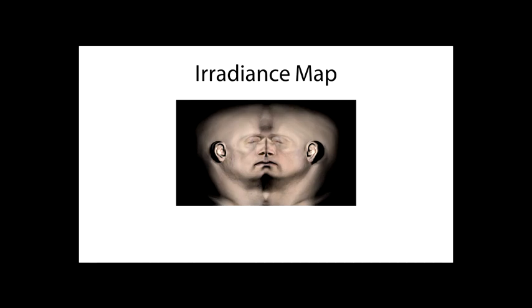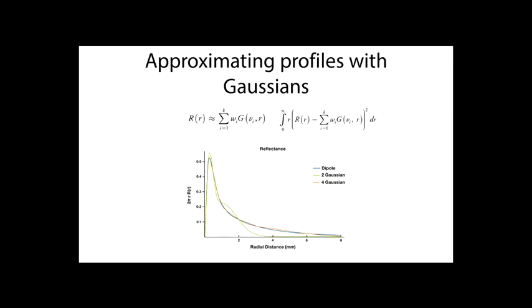Another problem that this approach has is that this map needs to be generated each frame, as it contains lighting information, and you cannot bake this offline. So back in 2007, the work of Eugene d'Eon enabled applying this expensive 2-dimensional convolution in real time. The key idea of this work is to approximate a profile by a sum of Gaussians, which is possible given its similarity.